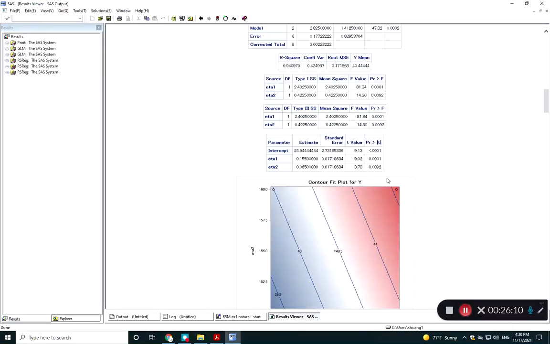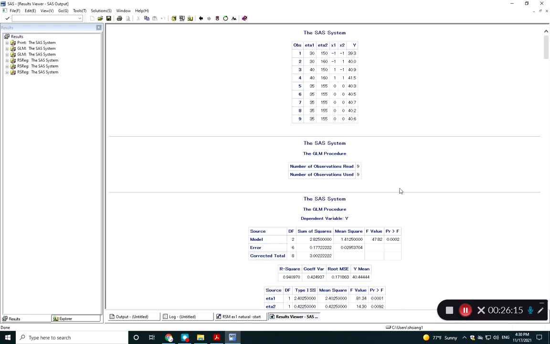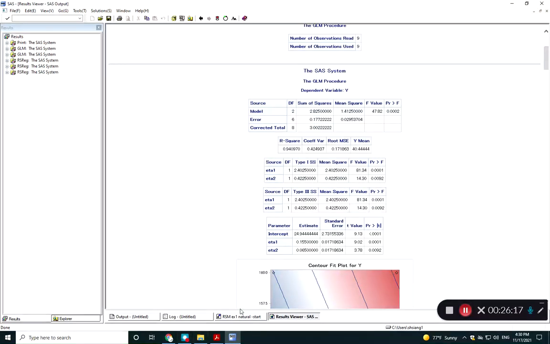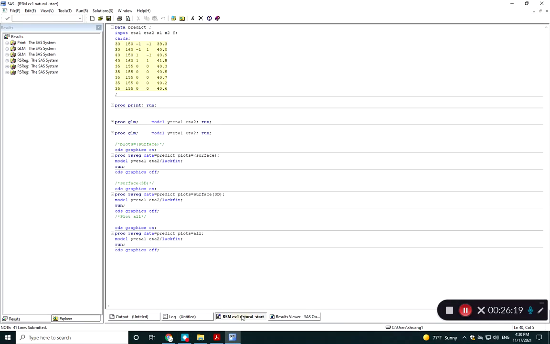And the color plot is the same thing. Keep going, keep going, keep going. So this is the first SAS code you're going to use again and again to investigate and find your direction for growing and shrinking. Problem? No problem.